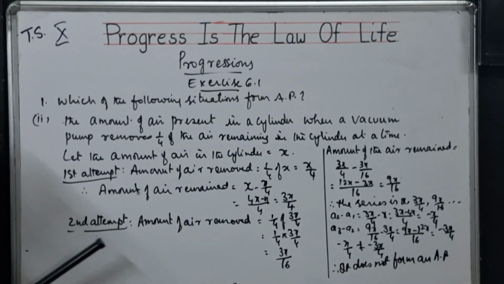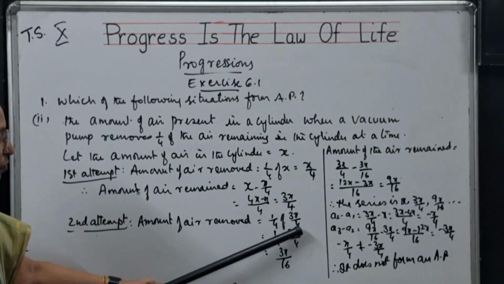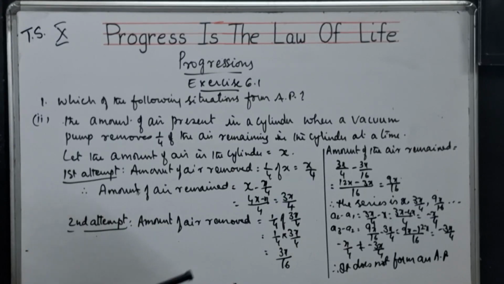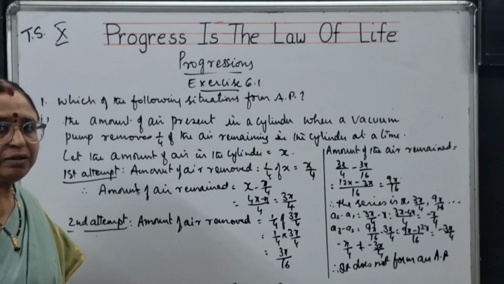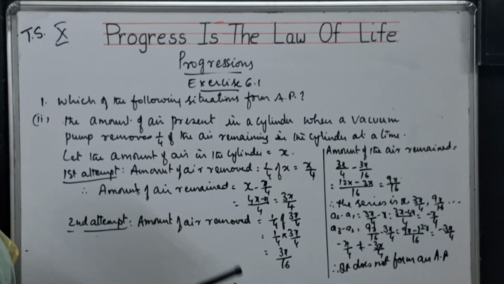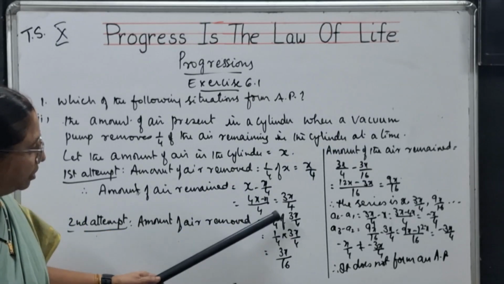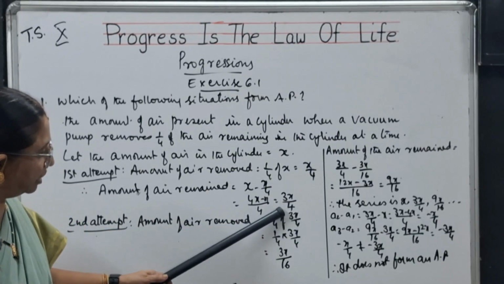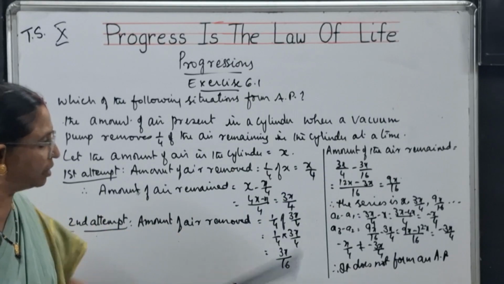Now this is the amount of the air present. In the second attempt, the amount of air removed is nothing but 1/4 of 3x by 4, that is 1 by 4 into 3x by 4, that is 3x by 16. The amount of air remained: this much air was there, 3x by 4, and this 3x by 16 air is removed.